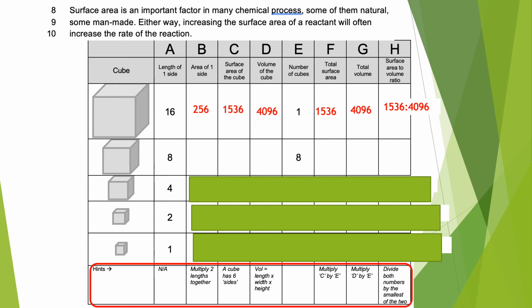The second row is going to be a little bit different. Okay, so now we have a smaller cube, a cube that is half the size of the first one. So instead of 16, now we have a cube that has 8 by 8 by 8. So then the area changes as well. Instead of 16, we're now multiplying 8 by 8, which is 64.